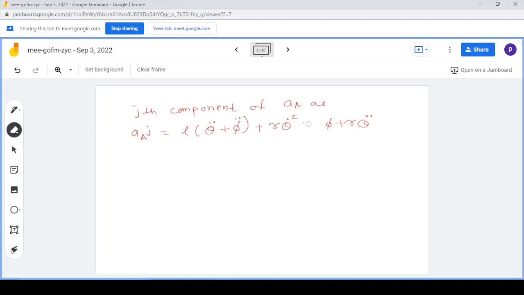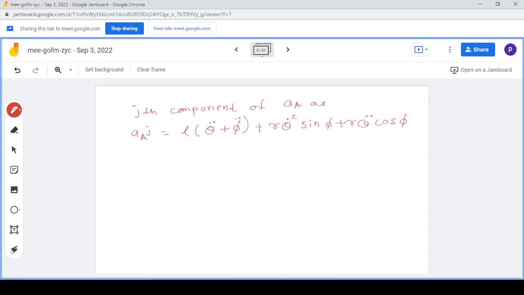There should be sin phi: r theta dot square sin phi plus r theta double dot into cos phi. This we get as the j component of the acceleration.